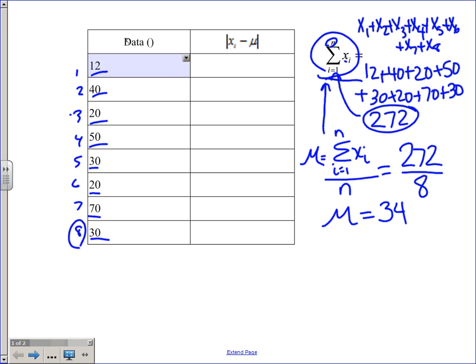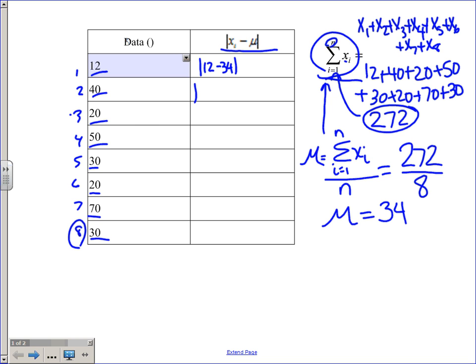Now, if I want to start calculating what my mean absolute deviation is, which is what I'm eventually trying to do, the first thing I have to do is figure out this. And all that is saying is that's my distance from my data point to the mean. How far away are each of these data points from the mean? So in this case, my mean is 34. It'd be the absolute value of 12 minus 34.